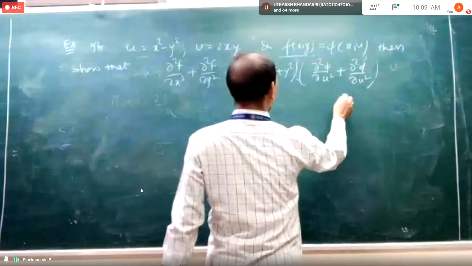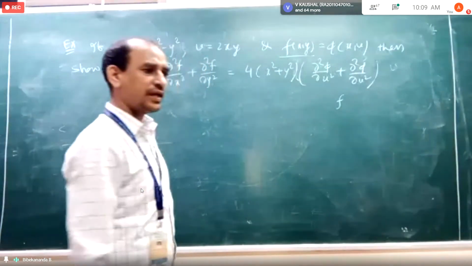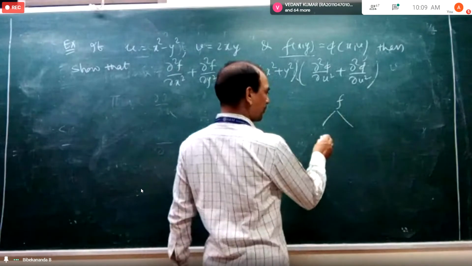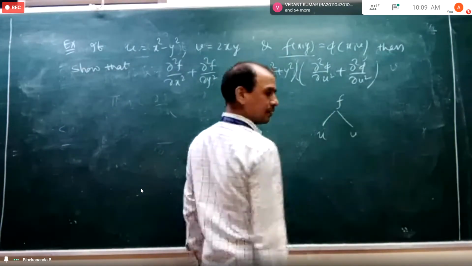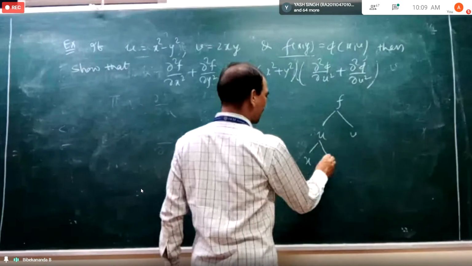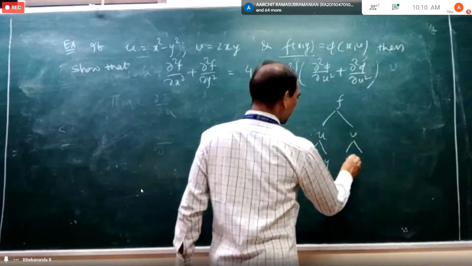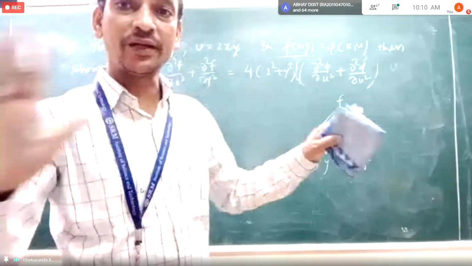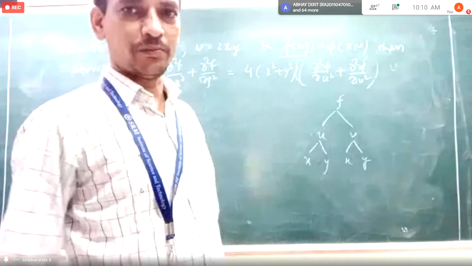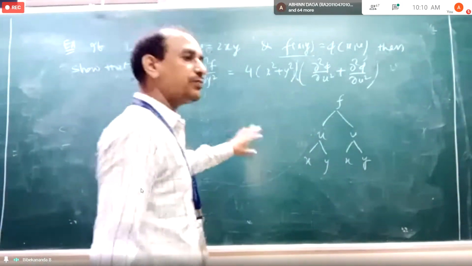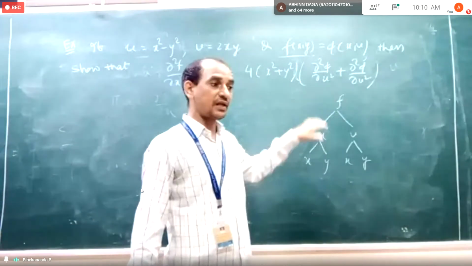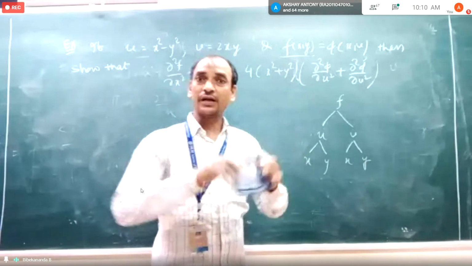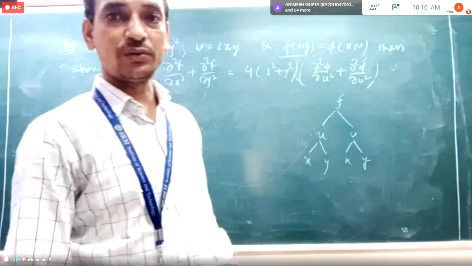So here we can say f is a function of u and v, and u and v are both functions of x and y. If you state this relation, your idea will be clear and you will be able to do the problem. So that's why I keep telling you, establish the relation between the given functions, and then you will have a clear idea of what you are going to do.